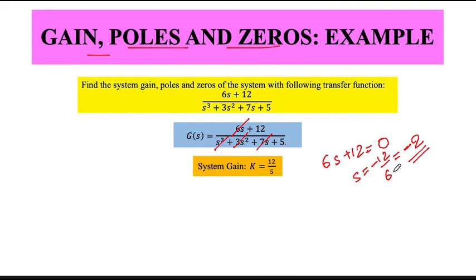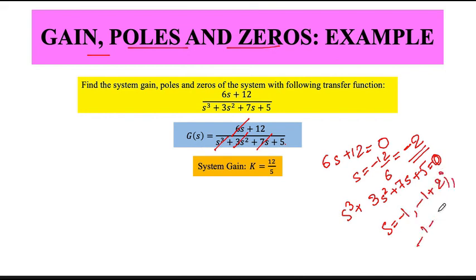Similarly, I take the denominator polynomial and equate it to 0, and I get s equals minus 1, and minus 1 plus 2j, minus 1 minus 2j, these three roots.